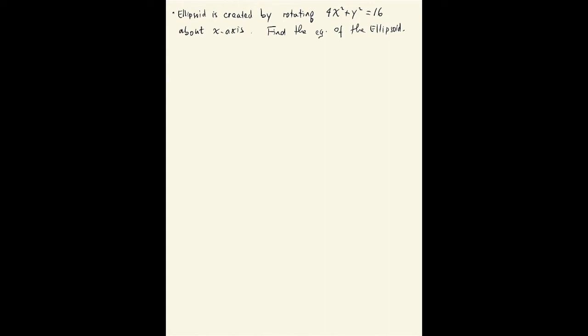So you have the ellipsoid. It was created by this ellipse, 4x squared plus y squared equals 16. You rotate that ellipse and you will get the ellipsoid. And the question asks, what is the equation of that ellipsoid? So the ellipsoid is created by this ellipse rotated about the x-axis.